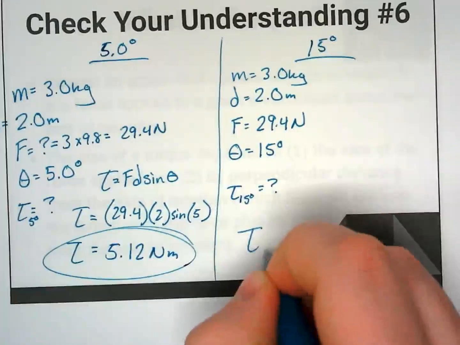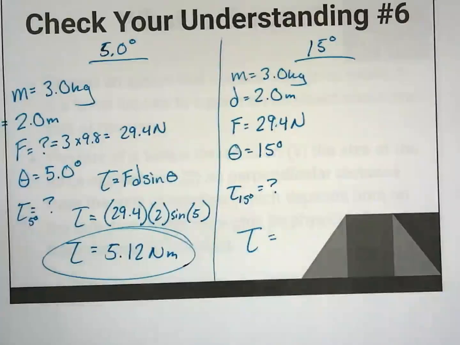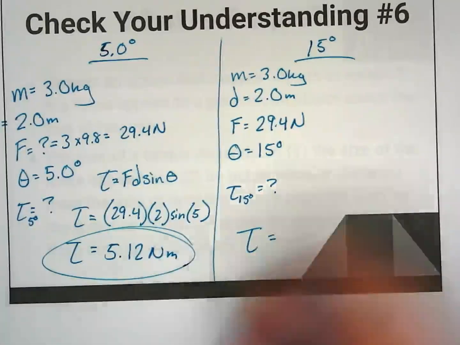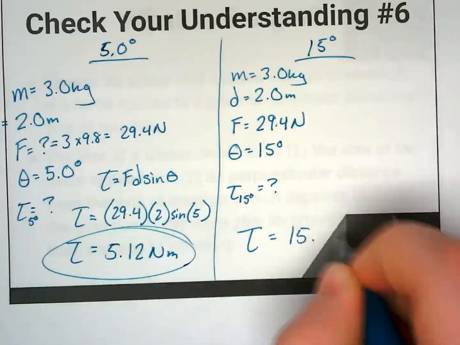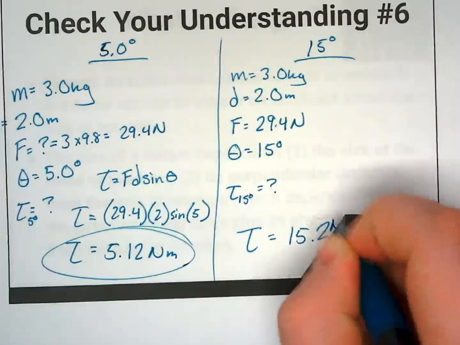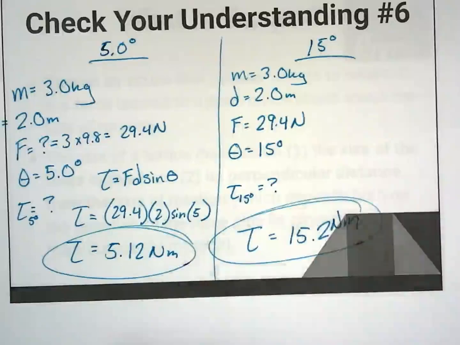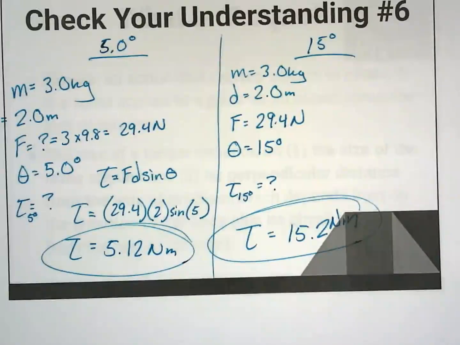And then at 15 degrees, because now all we have to change is 15 degrees, it's now going to be 15.2 newton meters at 15 degrees. So quite a difference in torque, in this case due to gravity, as we keep angling this bad boy out further and further.